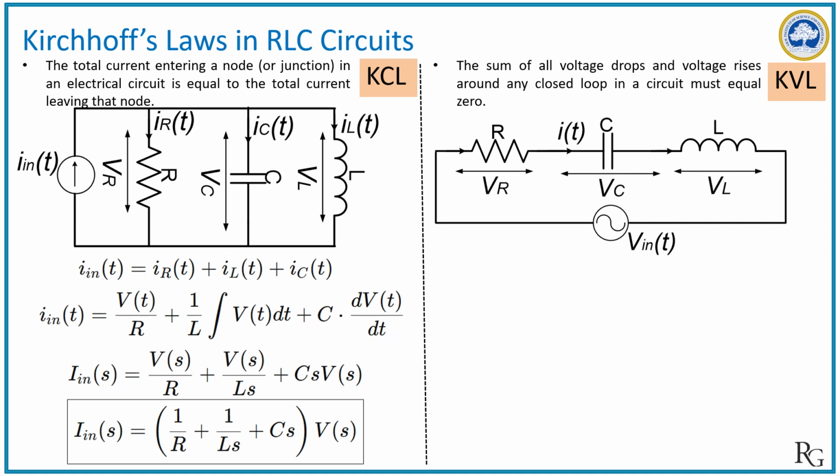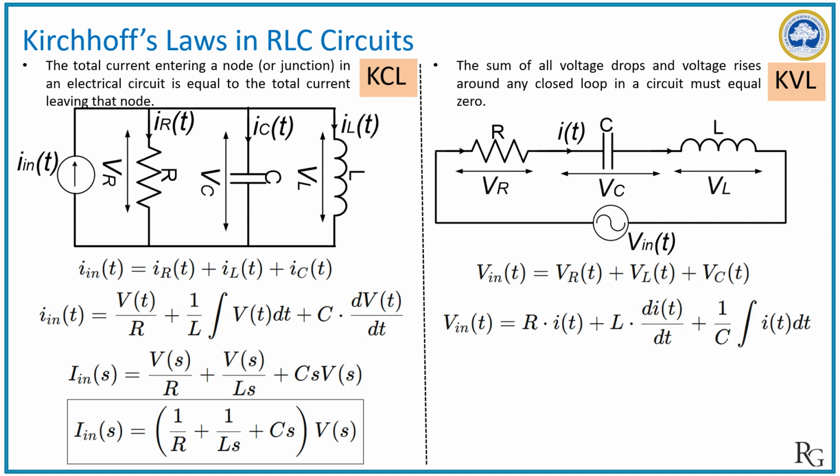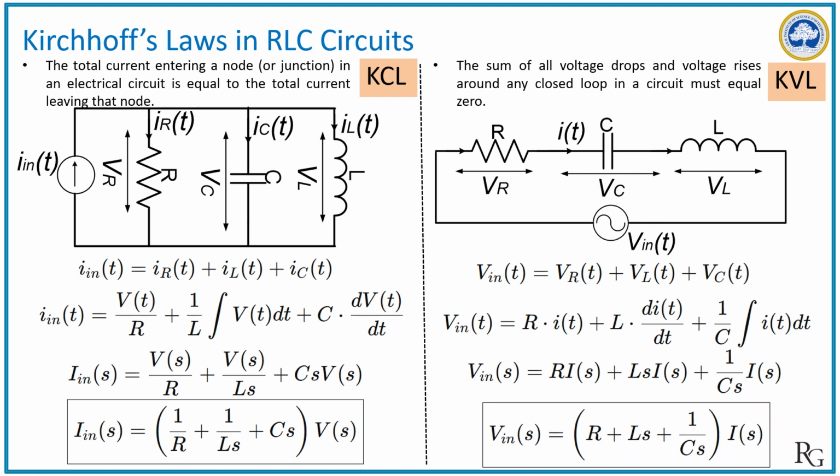If we apply Kirchhoff's voltage law, we get the total voltage equal to the voltage across the resistance plus the voltage across the inductor plus the voltage across the capacitor. Again, as per our requirement, we can replace all these voltages with respect to their current values. And if we want, we can take the Laplace transform of those equations and calculate the desired voltage or current in the circuit.